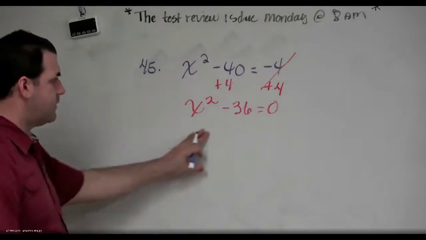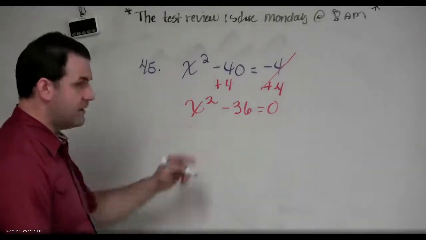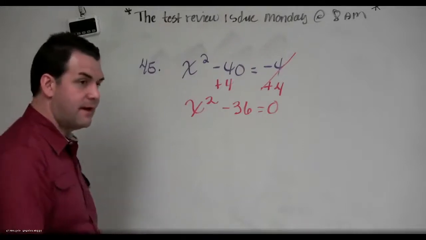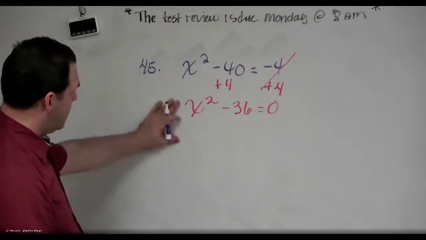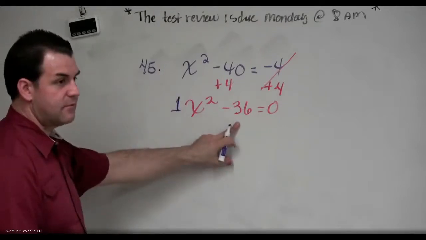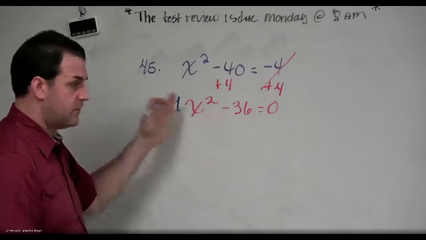Now here it's important to notice something. I am missing that middle part. So if Becca told us identify A, B, and C, we have A is 1, and we have C is negative 36, but what's B? It's missing.